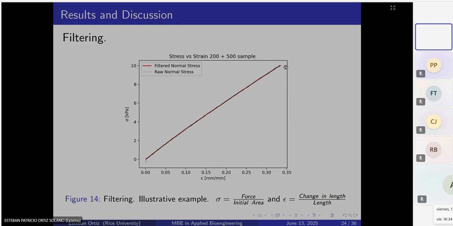This is the raw data in black, and in red you have the data after they apply the filter. Something that was really amazing, and maybe it's important to explain again the meaning of this graph. The y-axis is the stress.